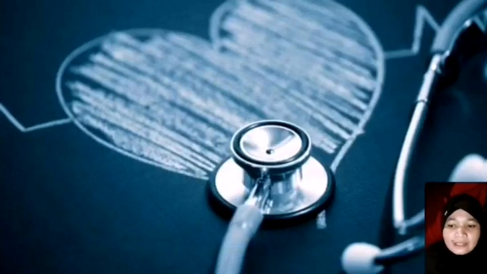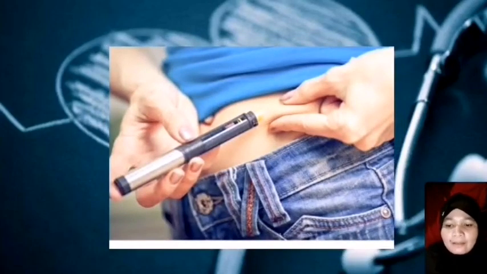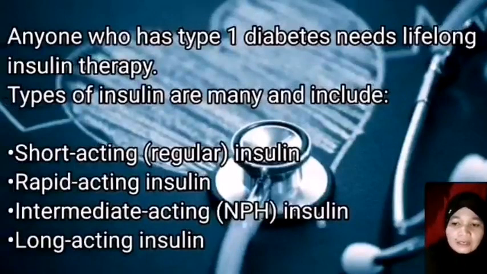Insulin can be delivered by a pump, a pen, or injection with a syringe. Insulin and other medications. Anyone who has type 1 diabetes needs lifelong insulin therapy. Types of insulin are many and include short-acting regular insulin, rapid-acting insulin, and intermediate-acting NPH insulin.